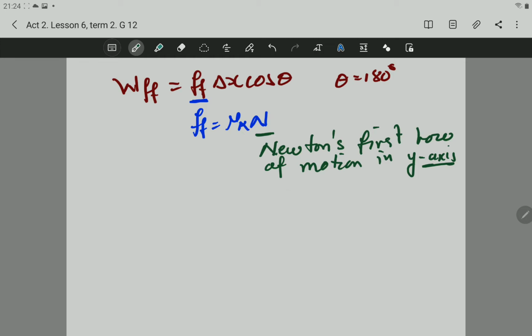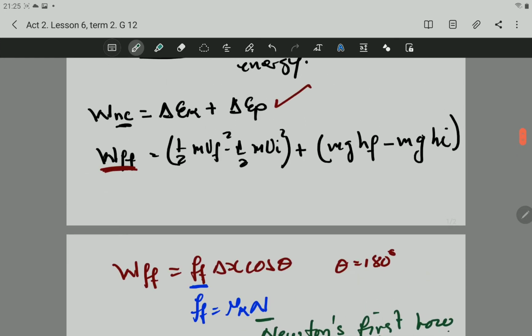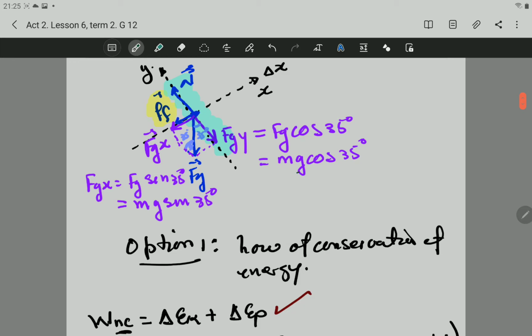Newton's first law states that the net force is equal to 0. What forces are there? Normal force minus the component of the gravitational force in the y-axis is equal to 0. If you go on, you find that the normal is equal to the component of the gravitational force in y, as shown in the free body diagram.